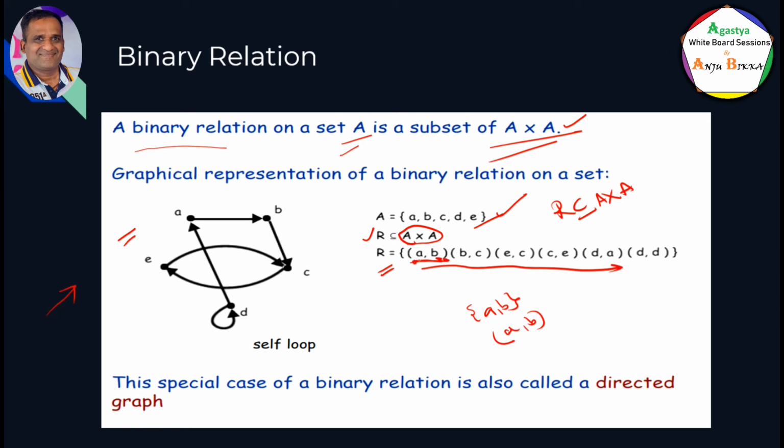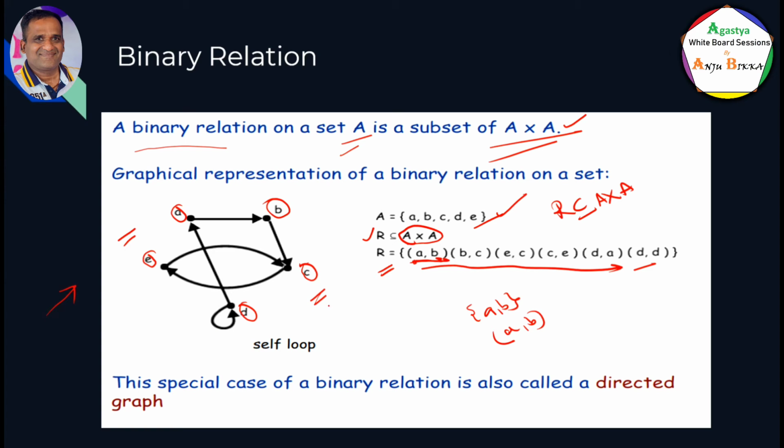Now there is an edge from A to B, a directed edge, and from B to C, a directed edge, and again from E to C, a directed edge, and from D to A, a directed edge, and D to D, a self loop.